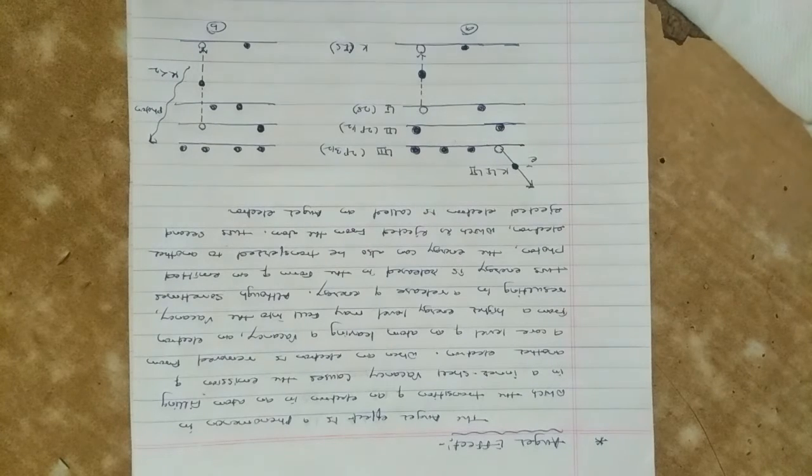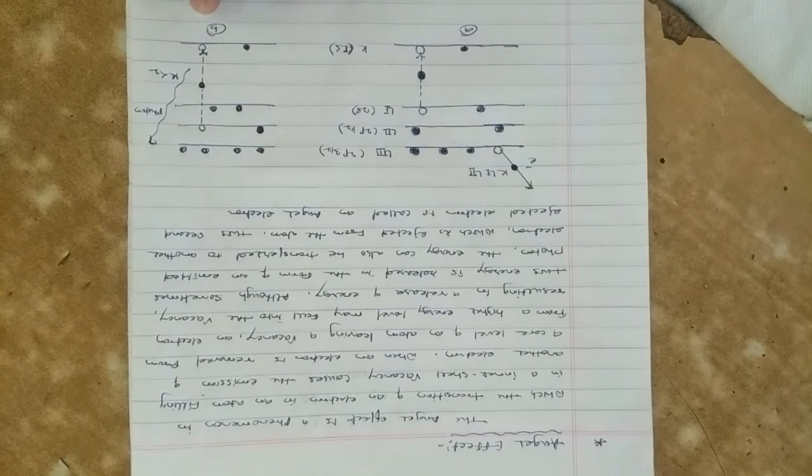The Auger effect is a phenomenon in which the transition of an electron in an atom filling an inner vacancy causes the emission of another electron. When an electron is removed from a core level of an atom, leaving a vacancy, an electron from a higher energy level may fall into the vacancy, resulting in a release of energy, although sometimes this energy is released in the form of an emitted photon.